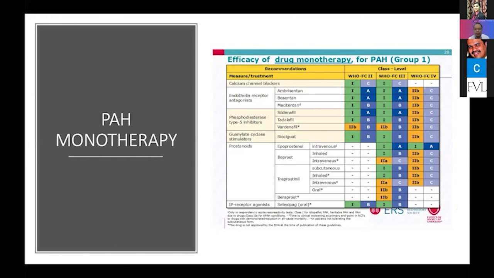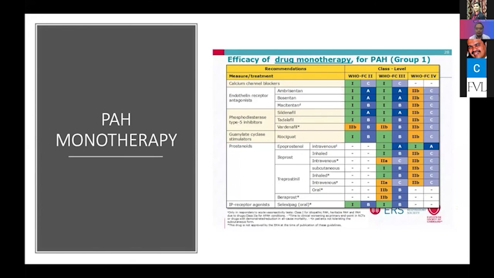Other medications that we are familiar with are the endothelin receptor antagonists: ambrisentan, bosentan, and macitentan, which costs a lot of money. Then the phosphodiesterase type 5 inhibitors, which are sildenafil, tadalafil, and vardenafil. I only have experience in using sildenafil.